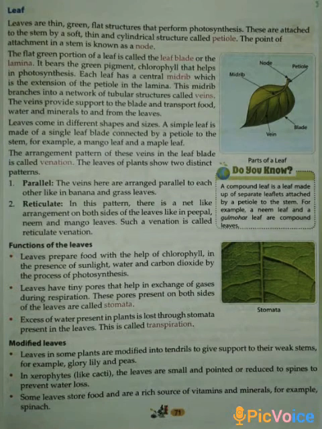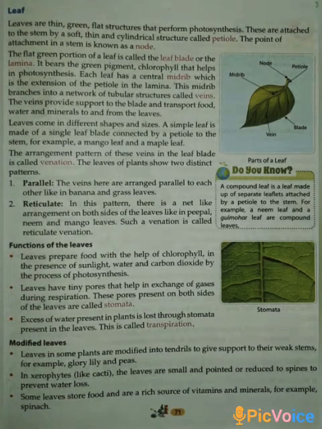The arrangement pattern of these veins in the leaf blade is called venation. The leaves of plants show two distinct patterns, parallel and reticulate. In parallel, the veins are arranged parallel to each other, like in banana and grass leaves.